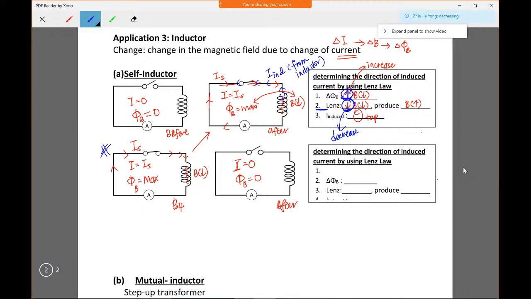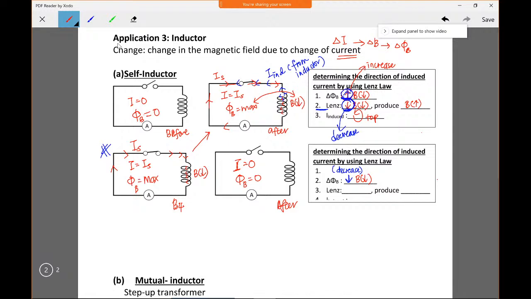Decreasing, yes. Very good. Decrease. So I use the symbol going down, or if it confuses you, it actually means decrease. The change is a decrease in the magnetic field which is going downwards.